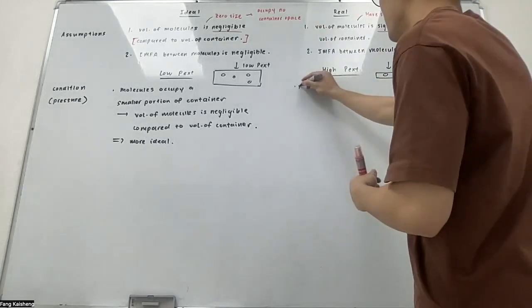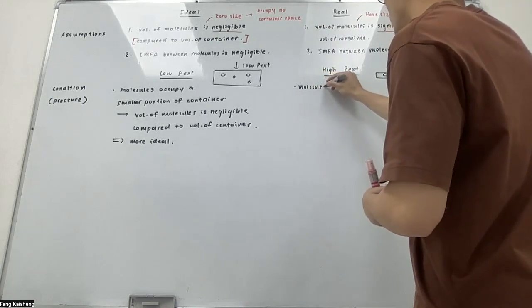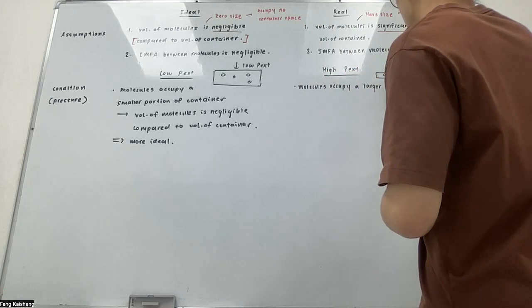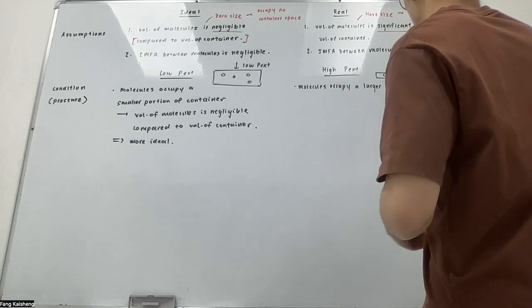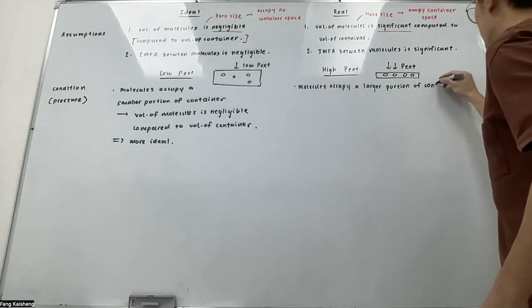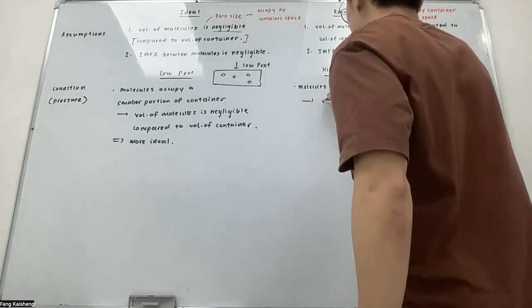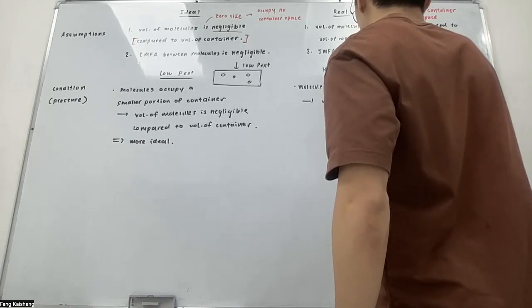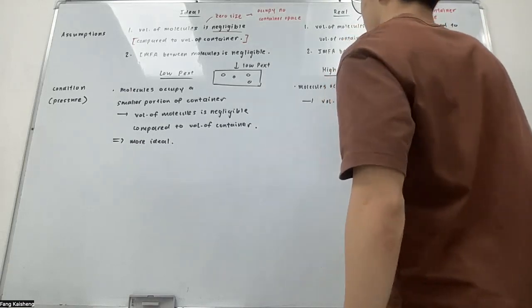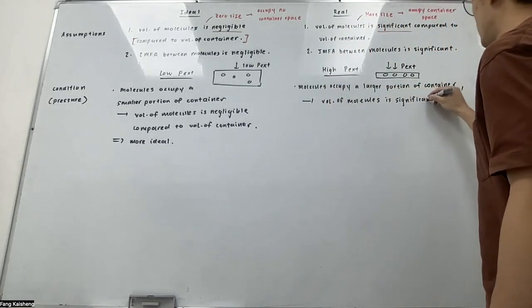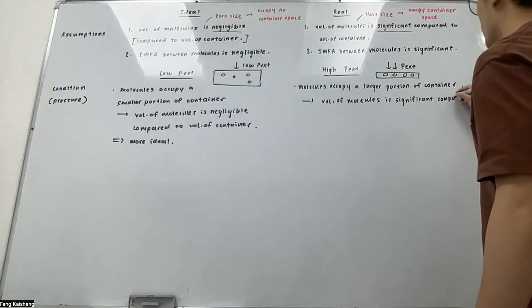So the molecules occupy a larger portion of the container. In other words, it has significant volume compared to the volume of the container.